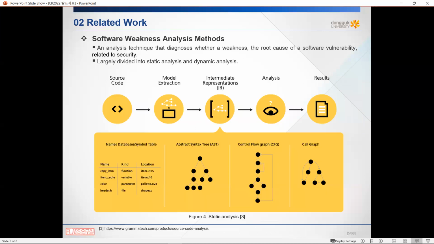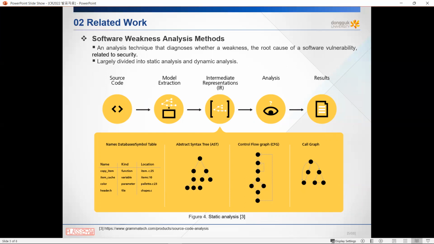And yeah, next I am going to talk about the software vulnerability analysis method. Software vulnerability analysis is an analysis technique that checks whether the source code of software is vulnerable to security threats.